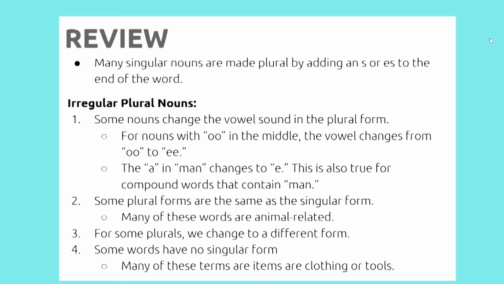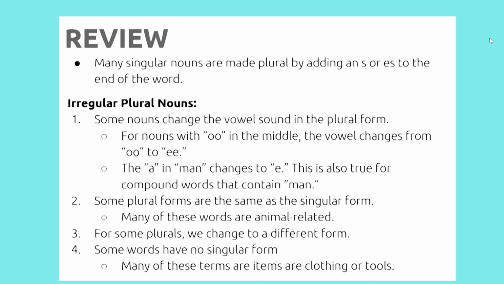It is important to remember that if a word ends in an F or an FE, we're going to drop the F or FE and add VES. So knife becomes knives. When looking at irregular plural forms, we simply have to just remember these words. We can remember that often the vowel sound changes.